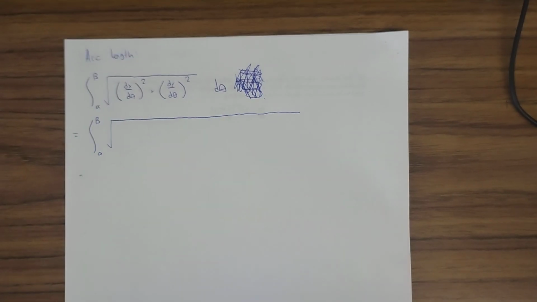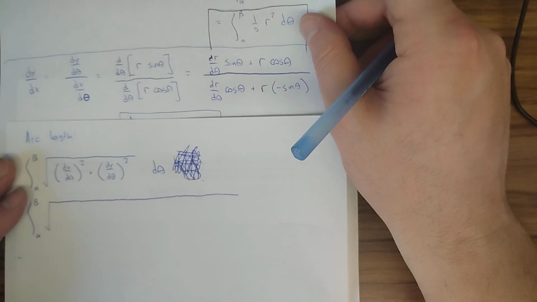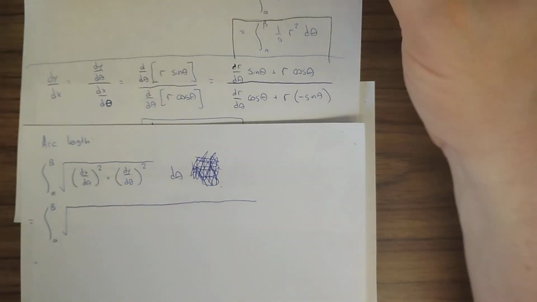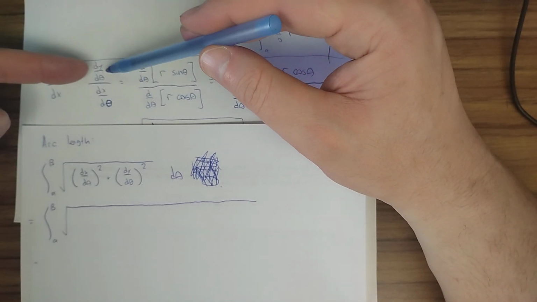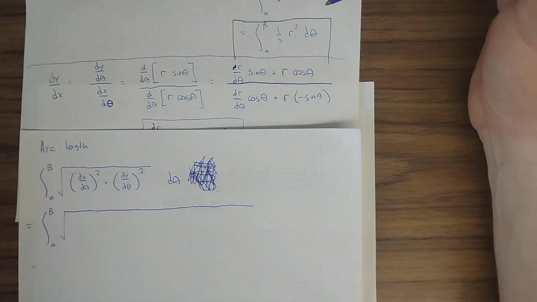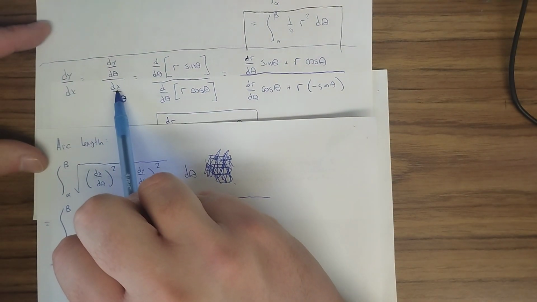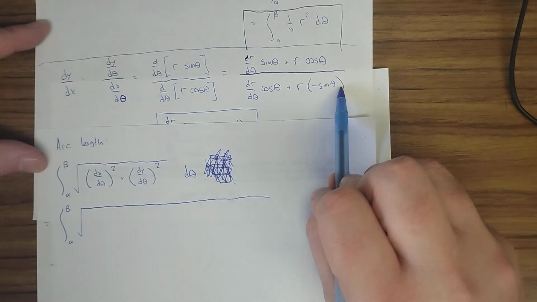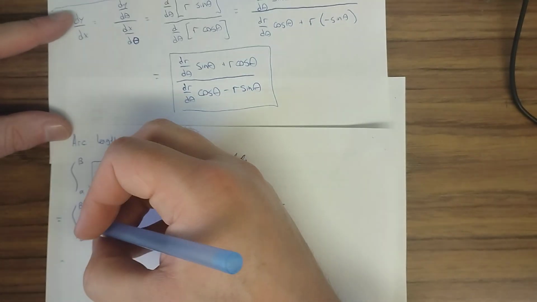I'm actually going to take some of the work that we already did. Because when we were doing the last thing, we found dy over d theta and dx over d theta, and I'm about to use those things again. So when we did dx over d theta, we got this, which is the same as this.